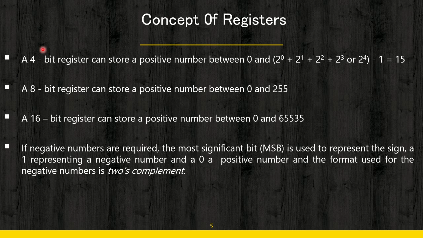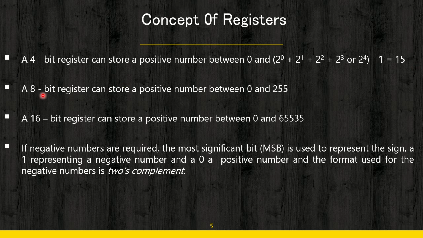The calculation is 2 to the power 4, that means 16, less 1. Why is 1 less? Because normally we do not consider 0 as the starting number, but we are starting from 0. So we can hold the data from 0 to 15. Very simple to understand: 0000, then 0001, 0010, till 1111.